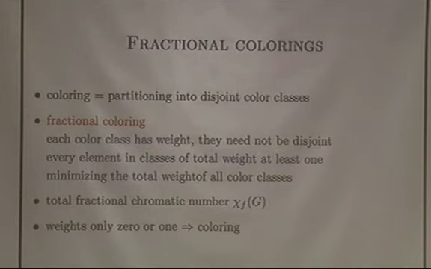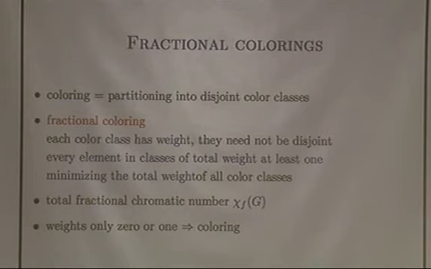And the constraint is that if we look at any element, any vertex or any edge, and we look at the weights of the color classes that contain this particular element, and we sum these weights, then the sum we get must be at least 1. So every element is covered by sets of total weight at least 1.